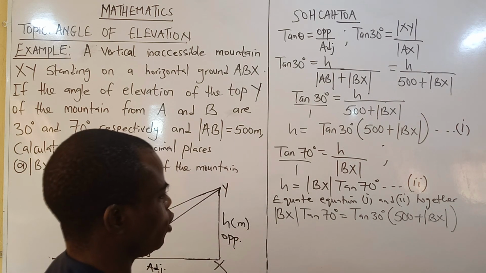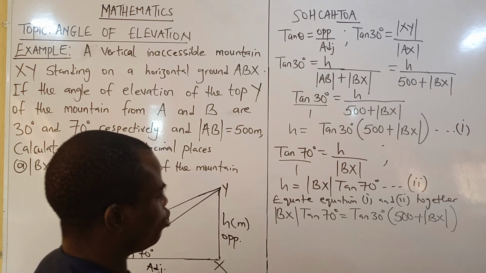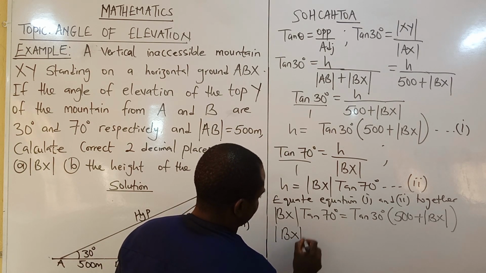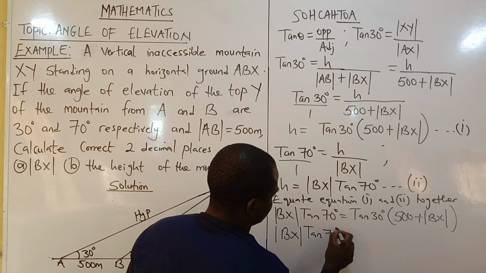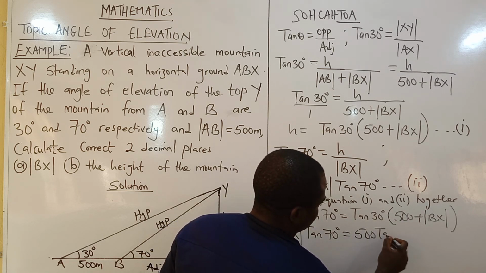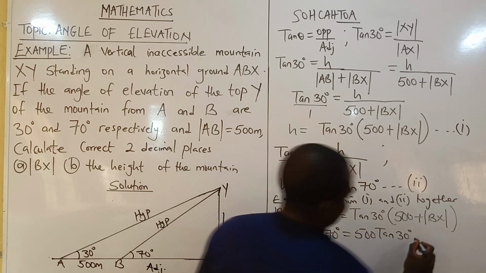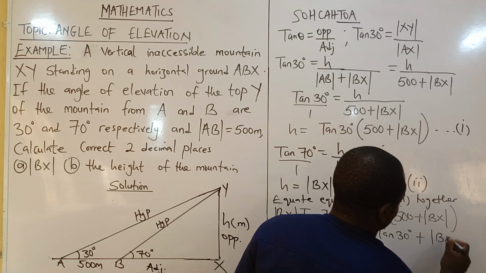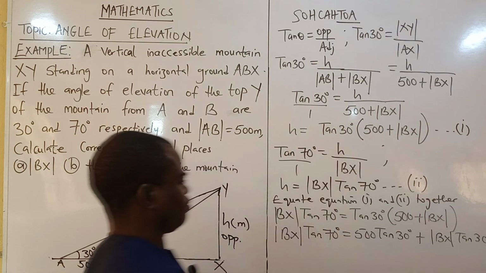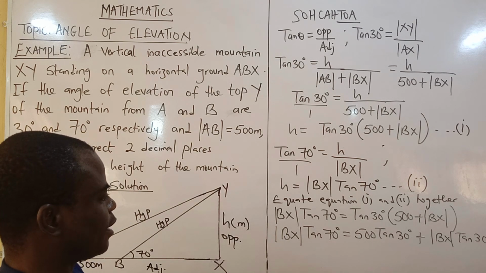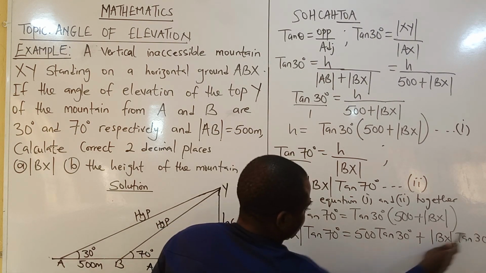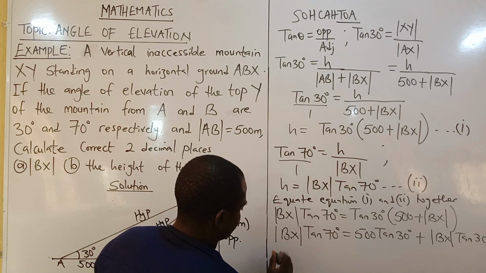Okay, what we need to do is to open the bracket. We are having line BX tan 70 degrees equals 500 tan 30 degrees plus line BX tan 30 degrees. Now let's collect like terms. This BX tan 30 degrees moves to the left hand side.